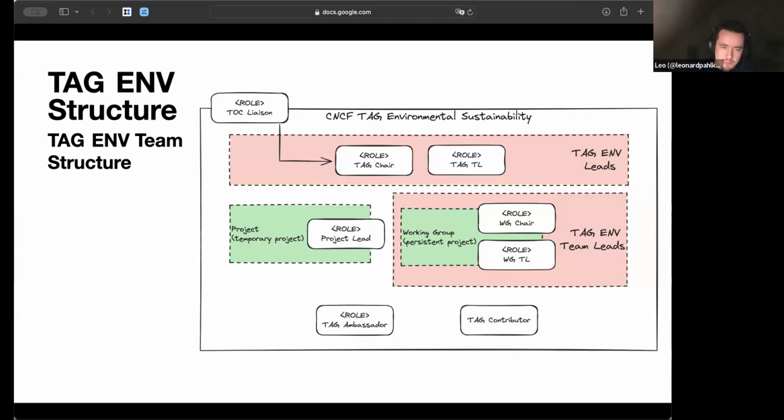So it's a temporary project. And the working groups are persistent projects. For example, the communication working group is a consistent effort for us. We always need to communicate with the community. We try to improve the resources to better onboard people. So this is a persistent project.